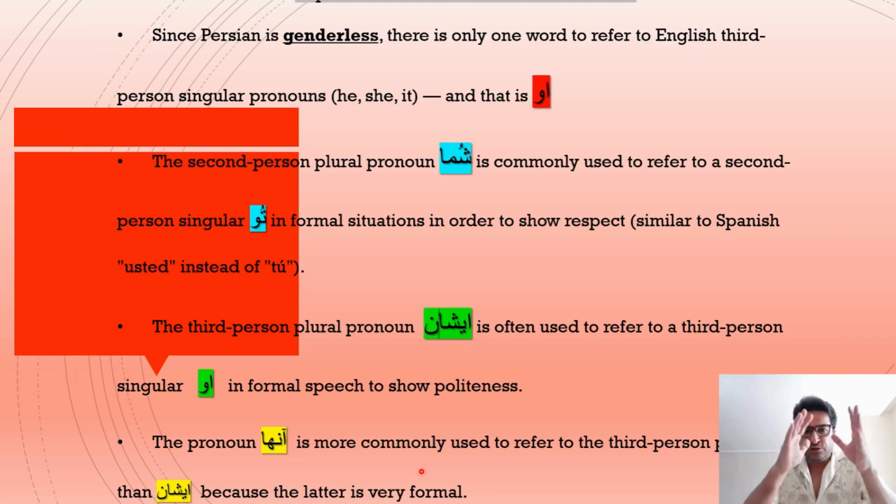Okay, so these pronouns shomā, ishān could be a little bit challenging, especially when it comes to formal and informal situations. So in the next slide, I have provided a simple test for you, just to see if you have understood them well or not.